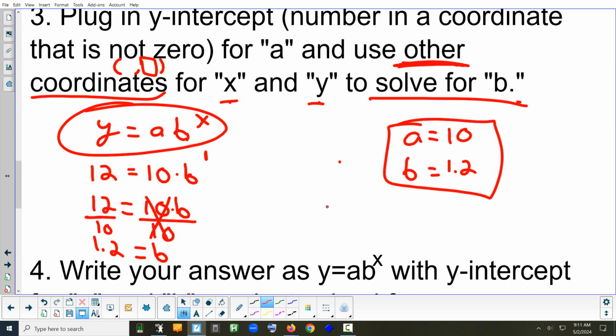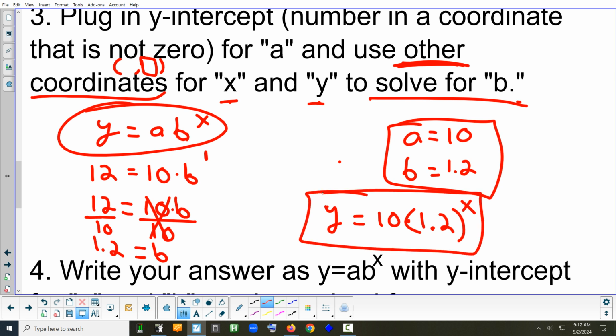We only had to fill in for the x and the y temporarily to figure out b. But now we have b. So it's y equals 10 times 1.2 to the x. Perfect. That's the final answer. 10 times 1.2 to the x.